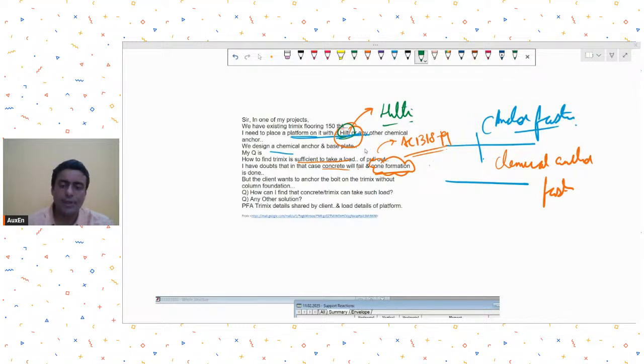So these people will themselves give you some design calculations based on their product, and then you will be able to take a decision. I also don't have a working knowledge of the calculations that go behind it, but these people provide such services.